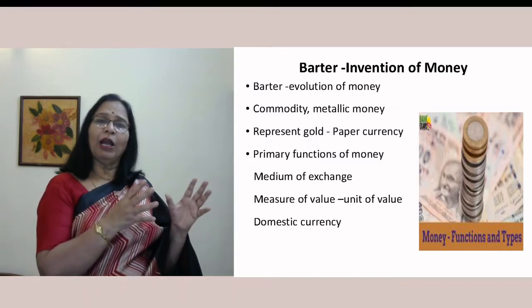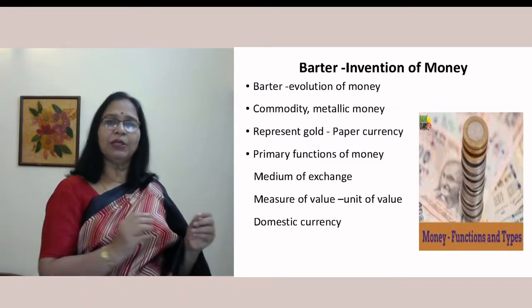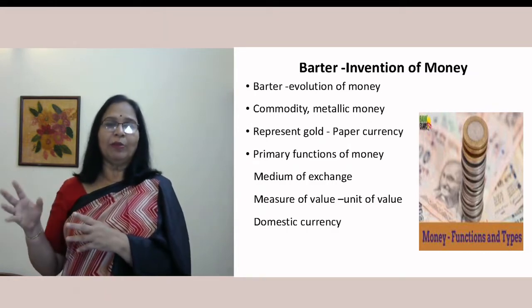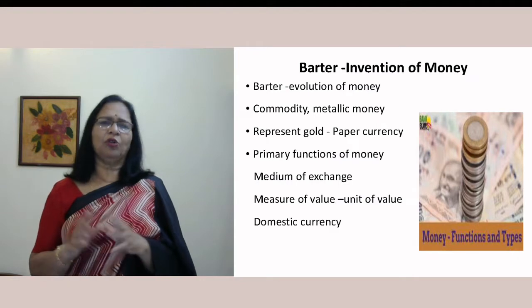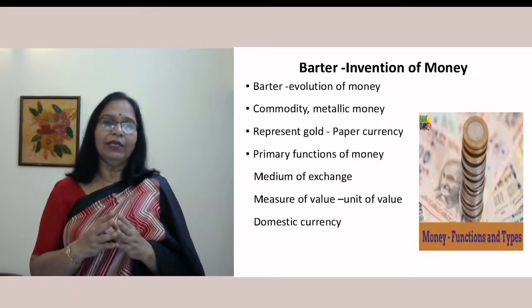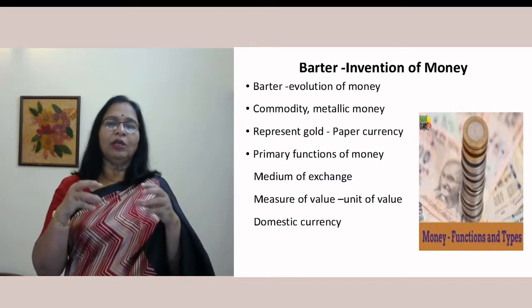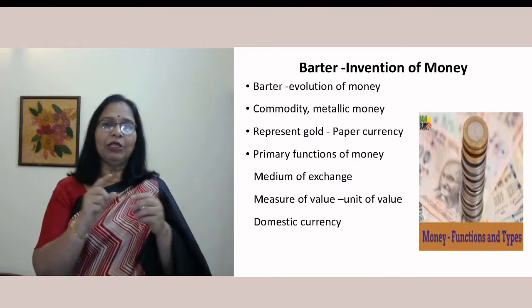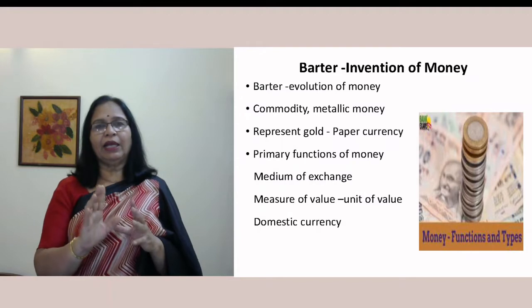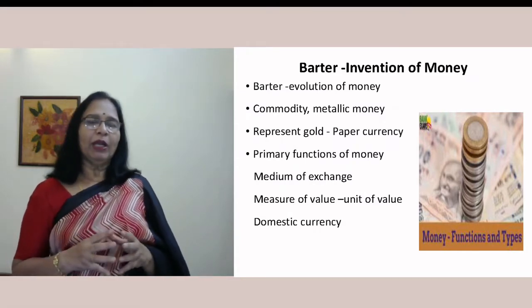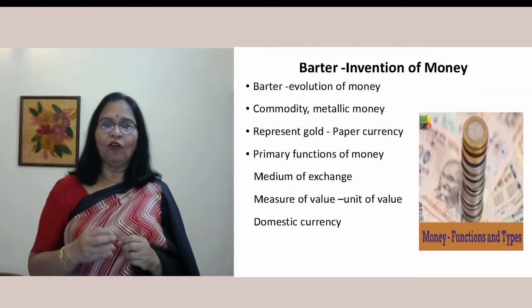That means a bag of 100 potatoes should cost 100 rupees, and a bag of 200 lemons, or 300 lemons, should also cost 100 rupees or something like that. So the idea was that we were able to bring down the value of potato and lemon to a common number, and that happens by explaining it in terms of money. So money acted as a measure of value.